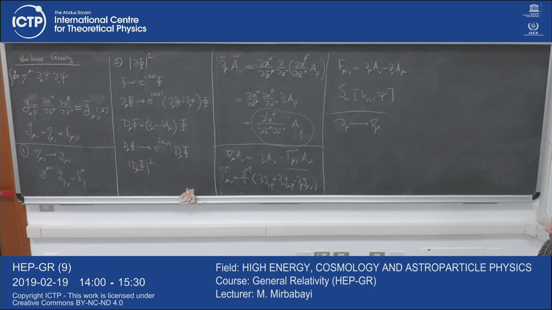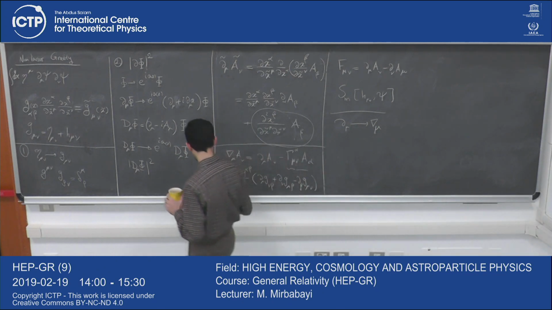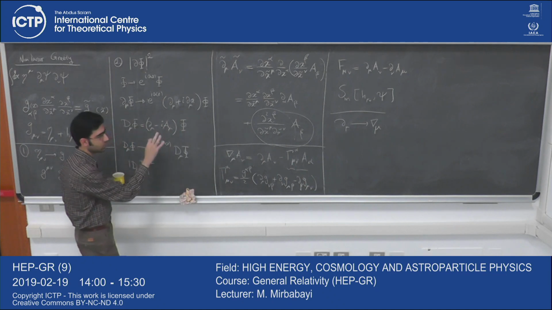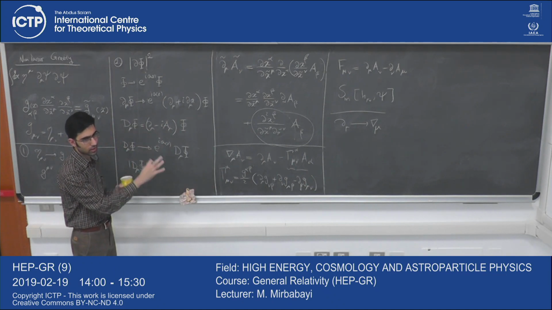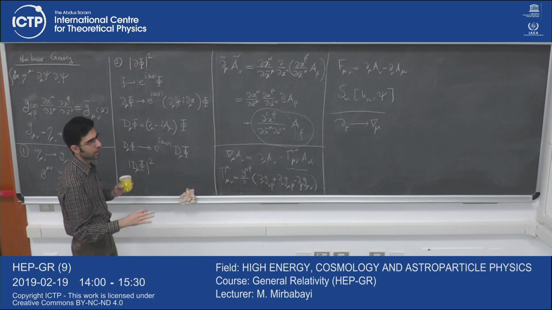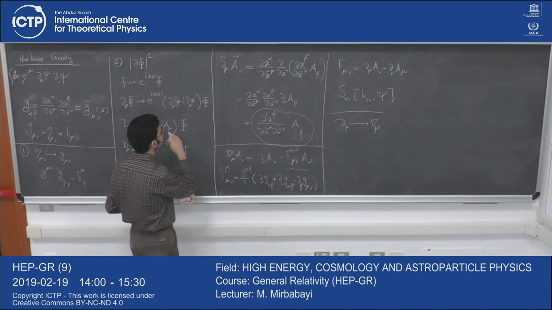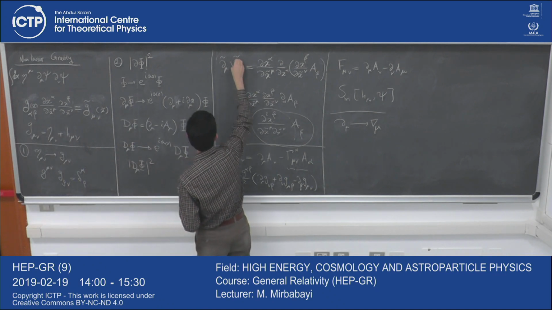Sorry, this was my bad choice of variable. This story is just to give you an analogy. This A mu has nothing to do with that A mu. You can call it something like V.